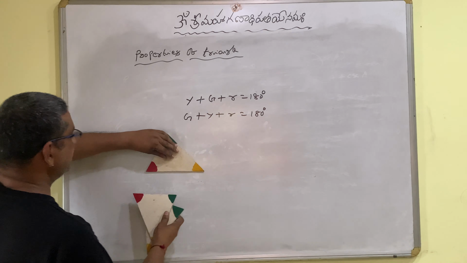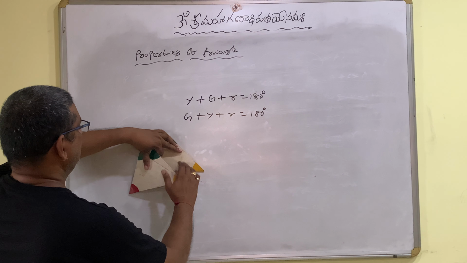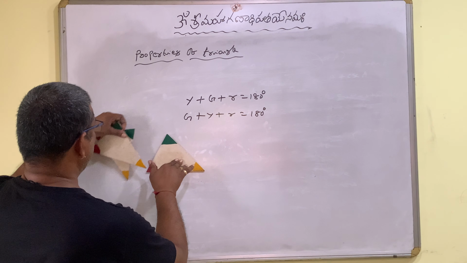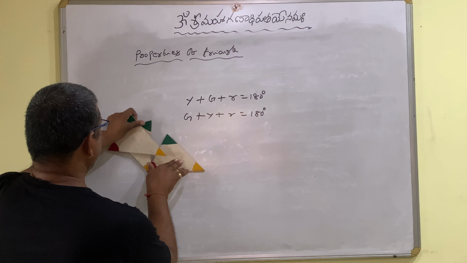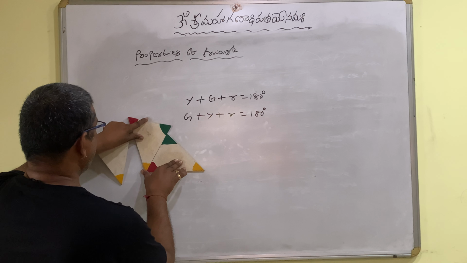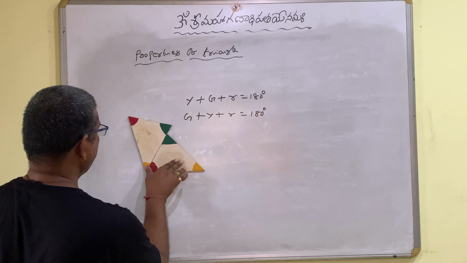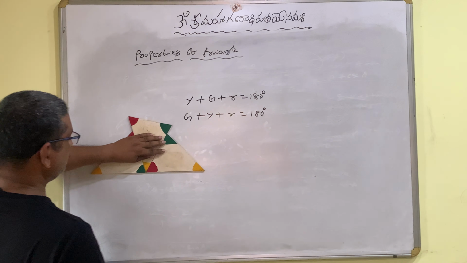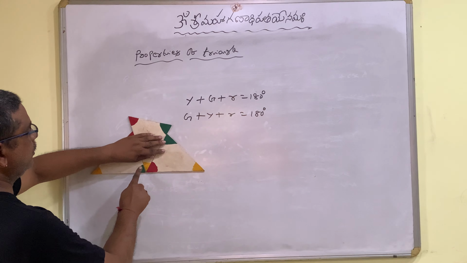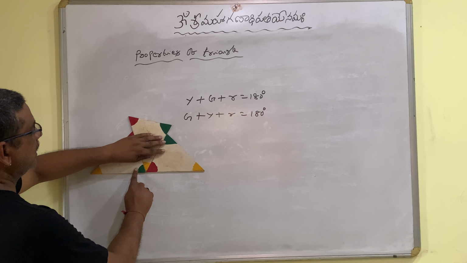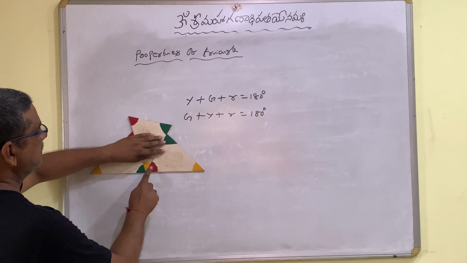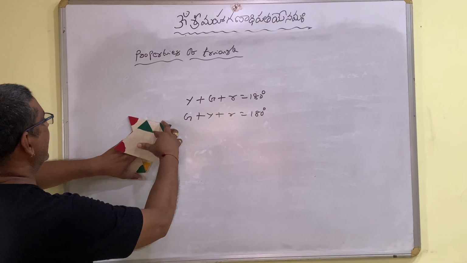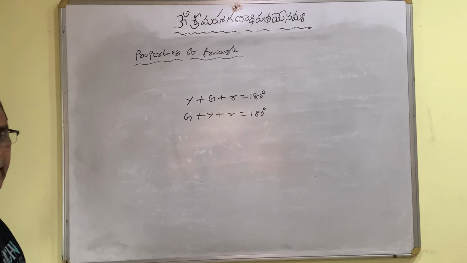Now coming to here, you can observe red plus yellow plus green is also 180.